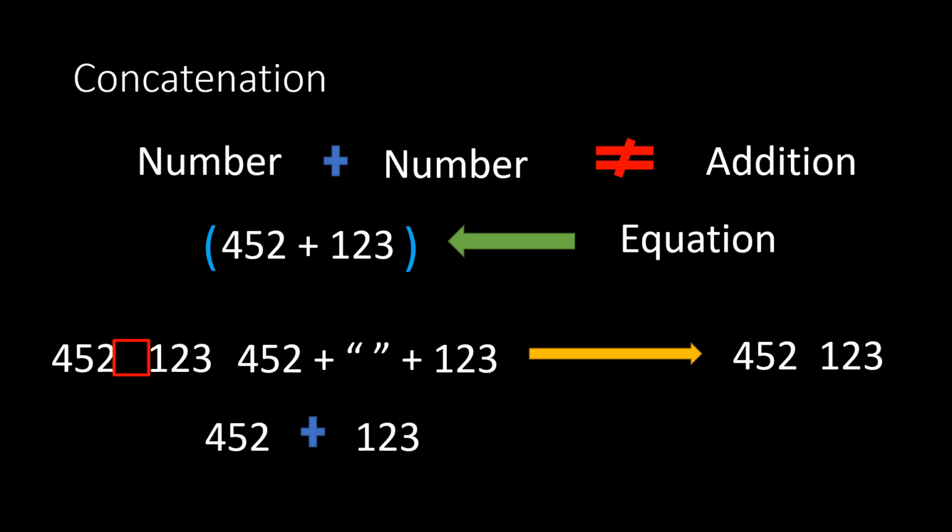Therefore, in concatenation, when joining 2 strings or a string and a number, you need to make sure that you add the space in the string or Java will mush everything together, as you see here in the example of the 2 numbers. 452 plus 123 gets mushed into 452123.